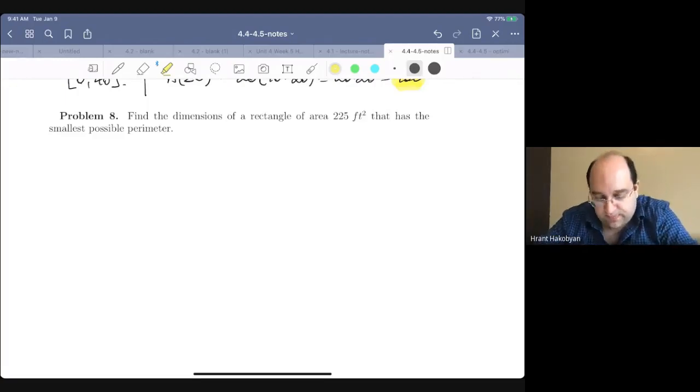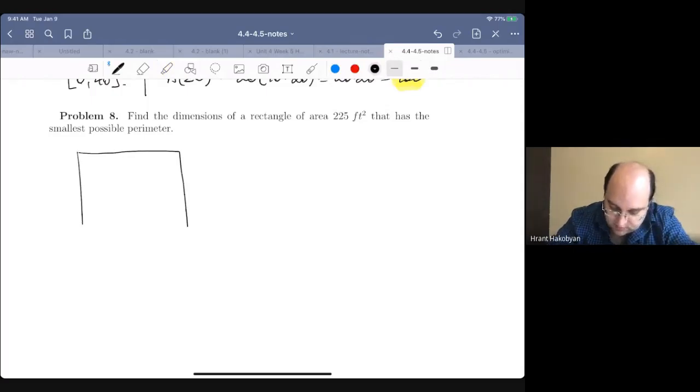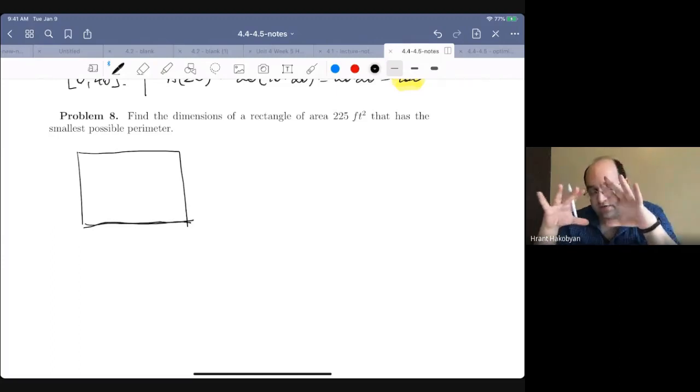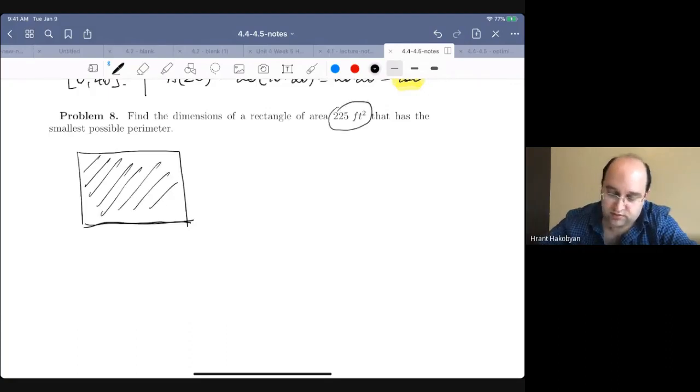Find the dimensions of a rectangle of a given area that has the smallest possible perimeter. So now we're assuming that we have rectangles with a fixed area. The area is given and it's equal to 225 feet squared.